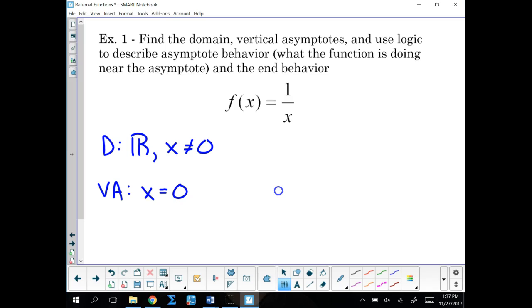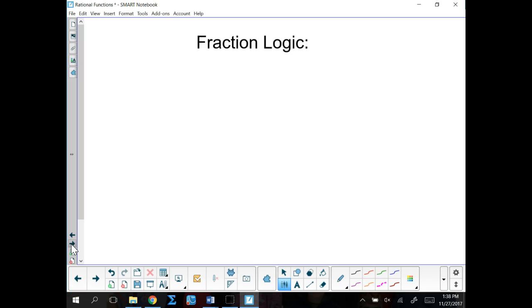So we've got all that stuff going on. Okay? Now, before we go on to end behavior and asymptotal behavior, I'm going to take a pause for the cause, and I want to talk about fractional logic. Okay? So, fractional logic tells me that if I've got a number and I divide that by a small number.